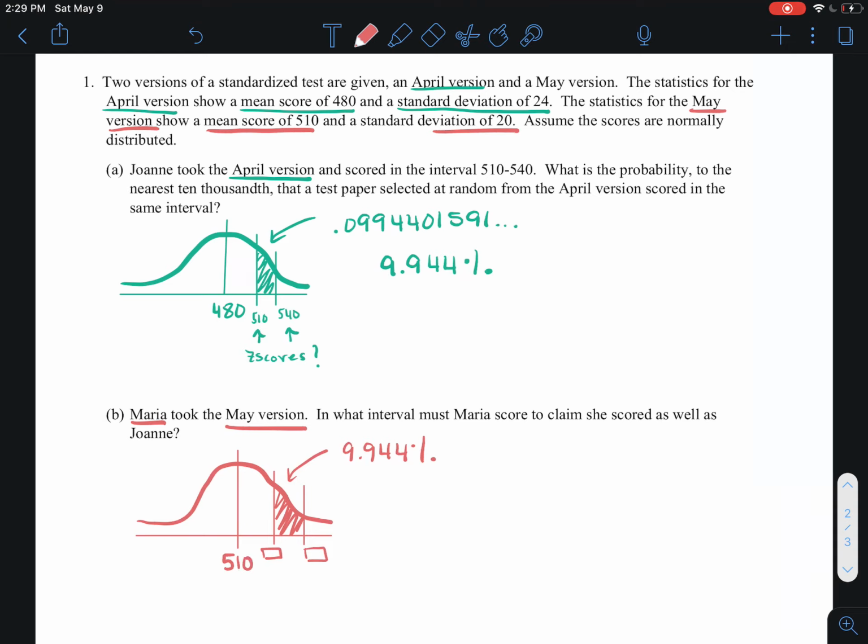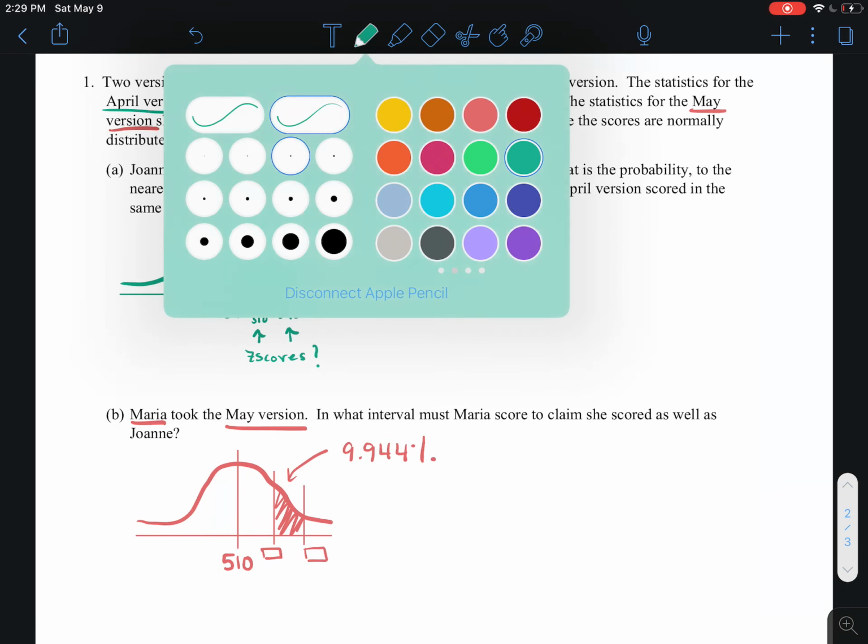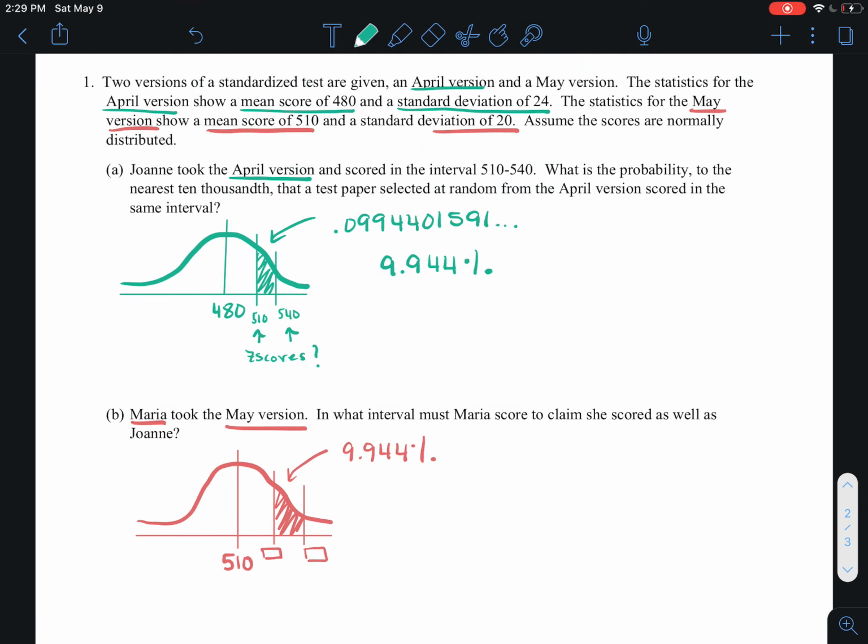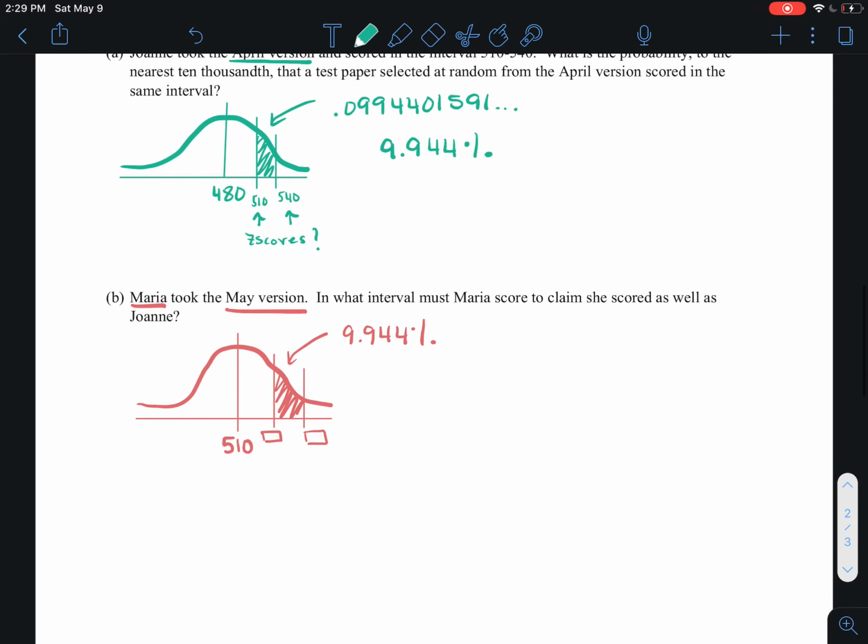So before we go into the May version, let's go back and actually calculate the z-scores for Joanne's 510 to 540 interval. So when you want to calculate a z-score, the value is determined through the formula, right? So you take the actual score, which let's start with her 510. You take her score of 510 and subtract the average.